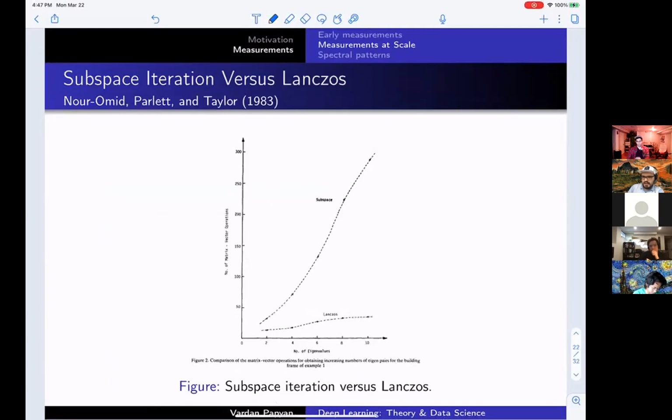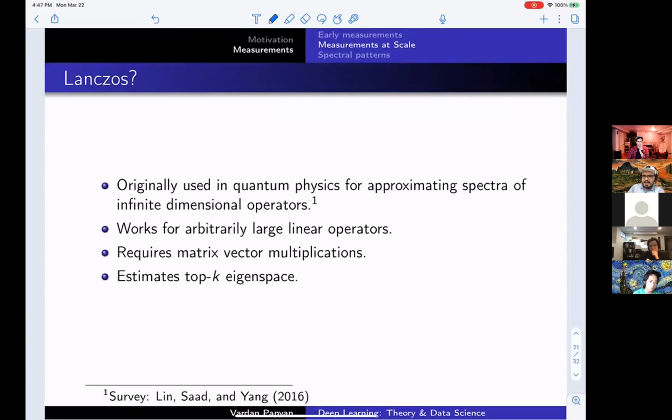So what is K in estimating the K eigenspace in subspace iteration? K is the number of eigenvalues that you would like to estimate, Amireza. So let's say you have a Hessian and you would like to estimate the top 200 eigenvalues. So K would be 200. Does this answer the question, Amireza?